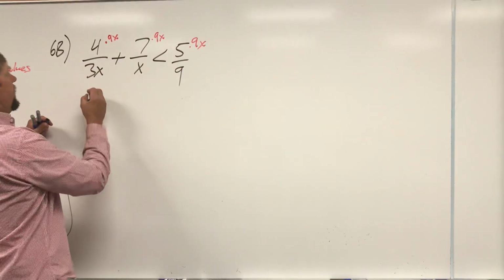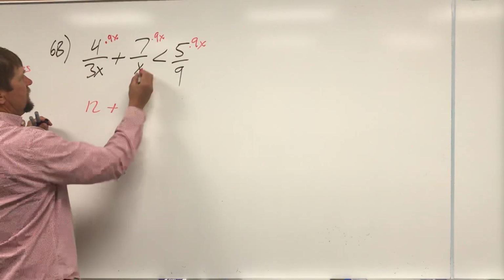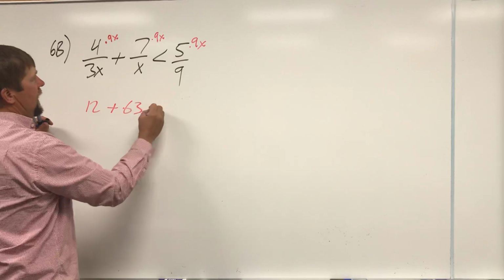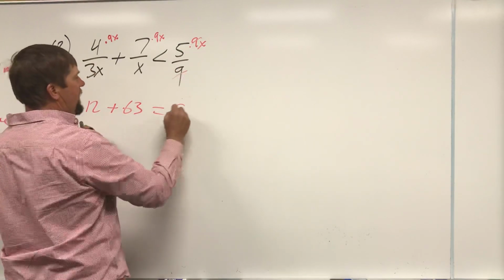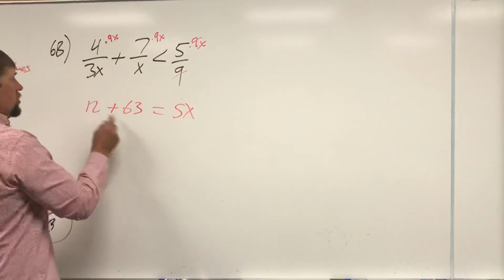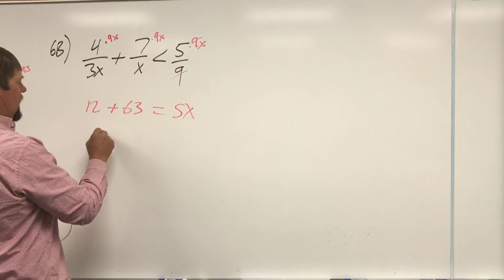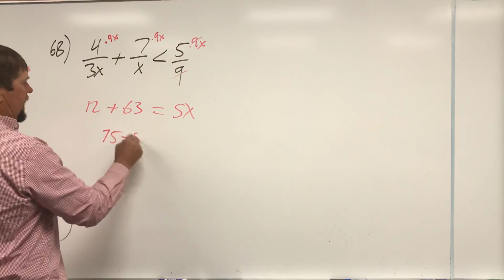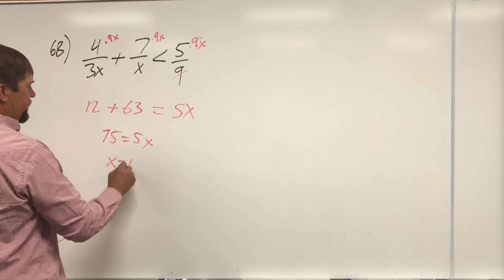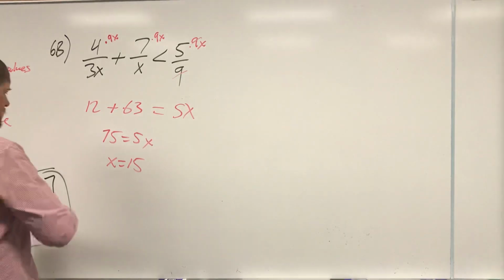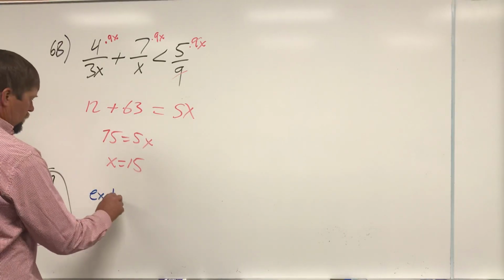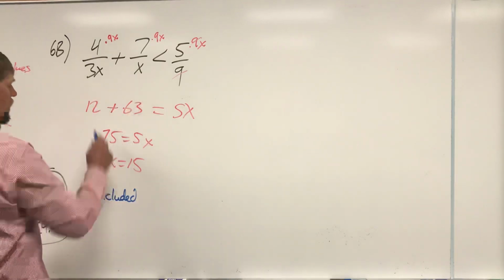I end up with 12 plus x goes in there 63 times equals, remember we're just doing equals now, 5x. So this is 75 equals 5x. X is equal to 15. That's my solution. Now the excluded value in this case is 0 again.